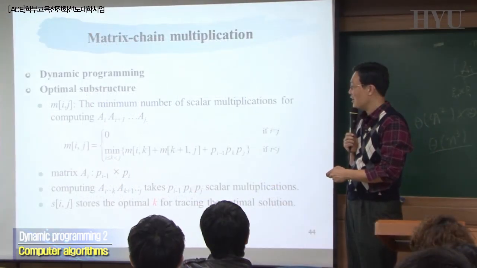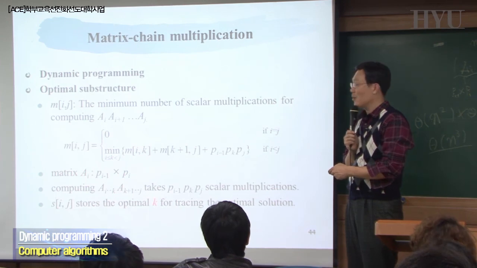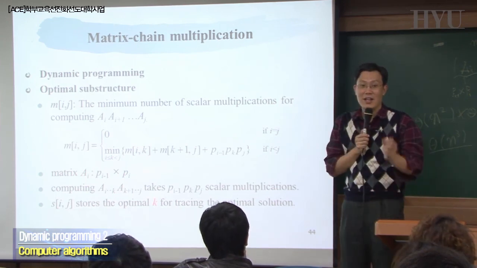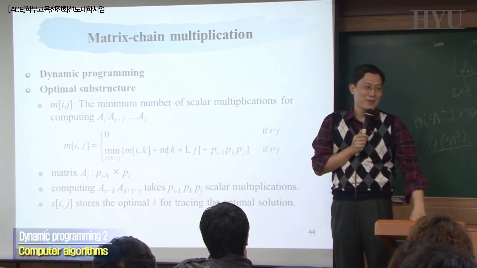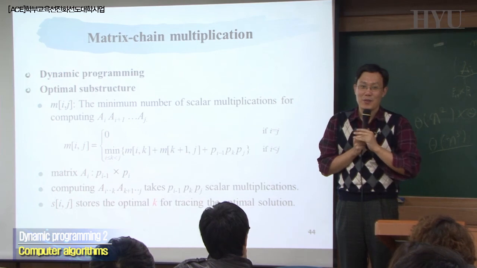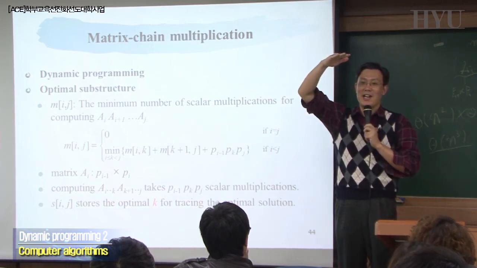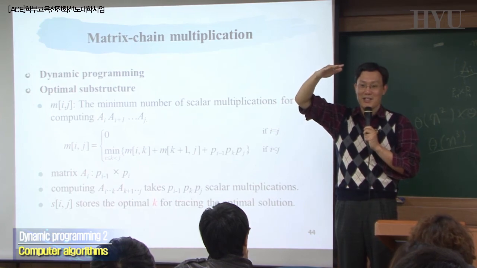Yes, the K starts from I to J. When K is I, we access the length 1 entry. So if it were possible, we should use only length I minus 1 intervals to compute a length I interval.